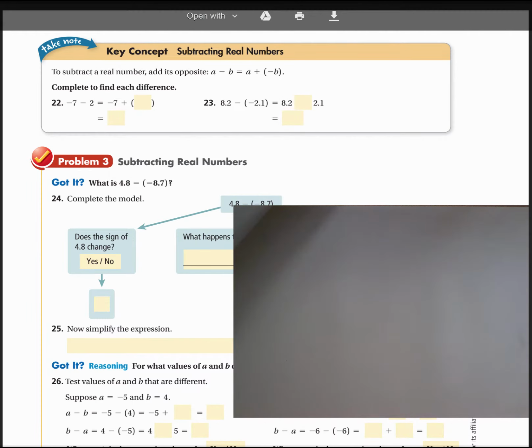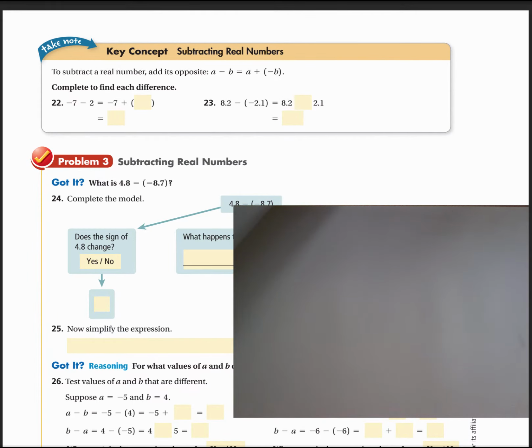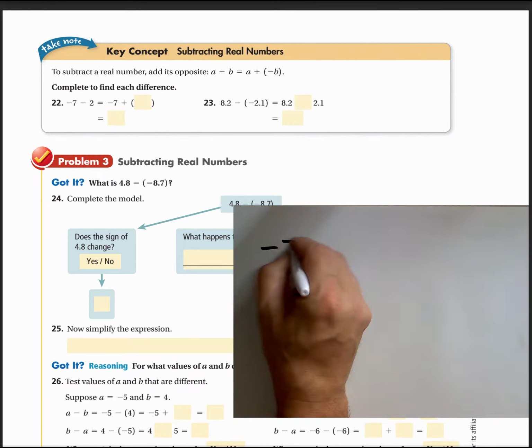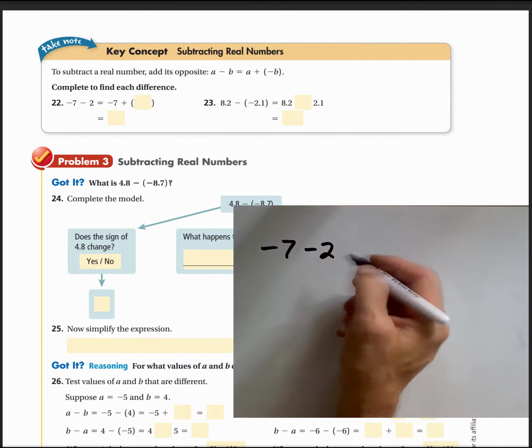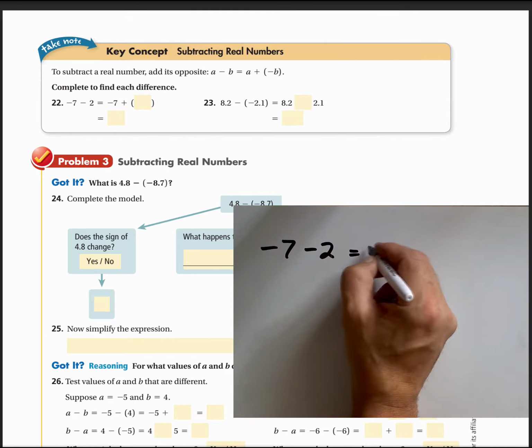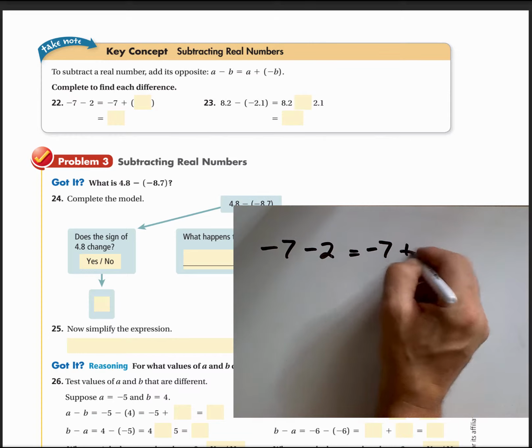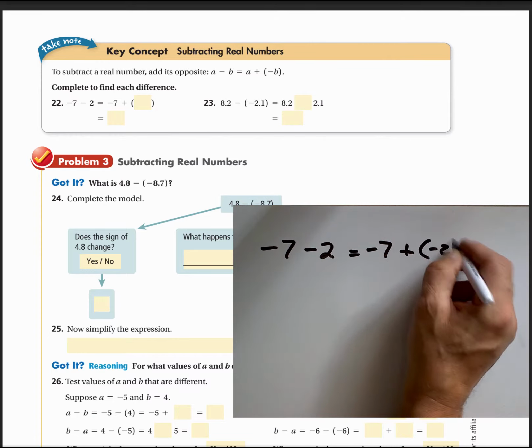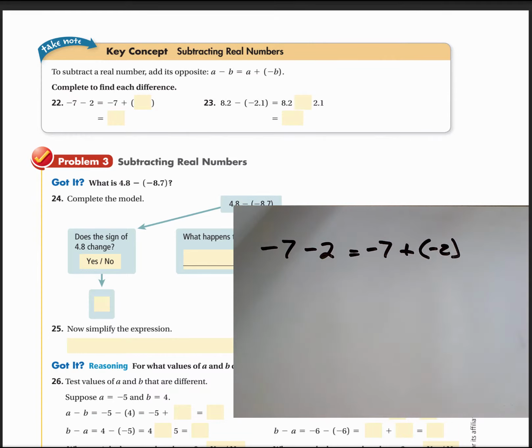Last, I'm going to teach you about subtracting real numbers. Now, the way they want to show this in here is not exactly the way that I want to teach you. They're doing things like this. If I have minus 7 minus 2, it's the same thing as saying minus 7 plus a minus 2. All right? In this case, I would be using a number line.